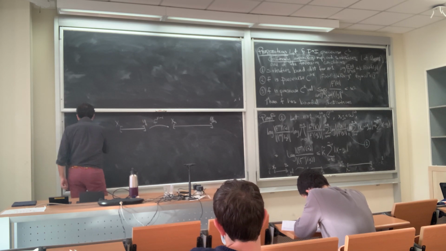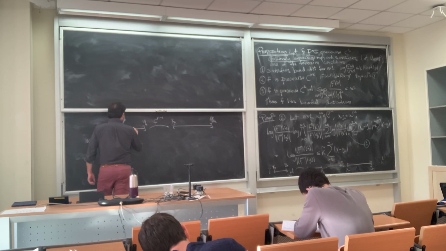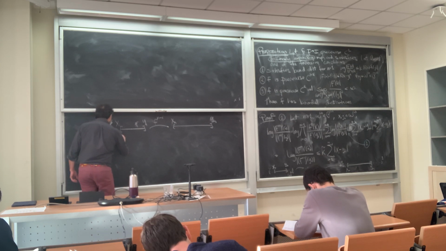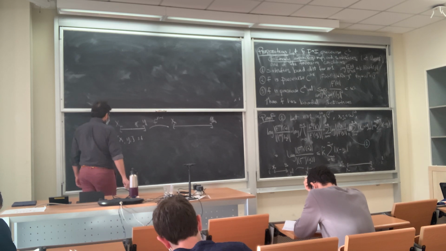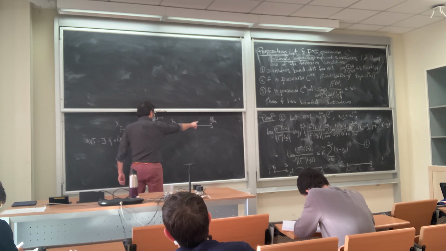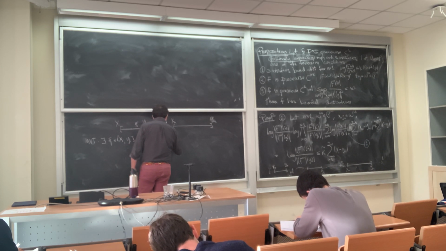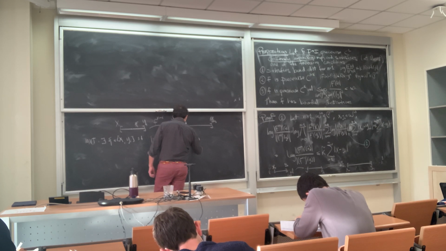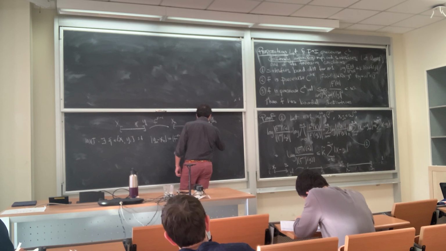So the mean value theorem says that there exists some psi_i in (x_i, y_i) such that the length of this, so |y_n - x_n|, is exactly equal to the derivative of f^(n-i) at psi_i times the size of |x_i - y_i|.